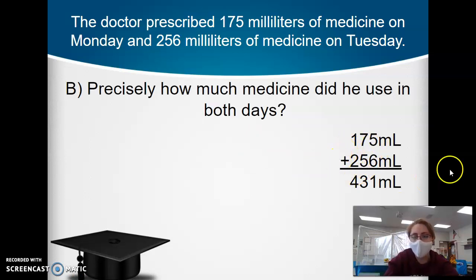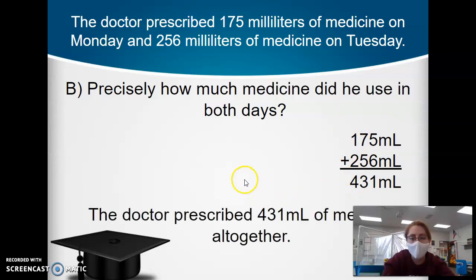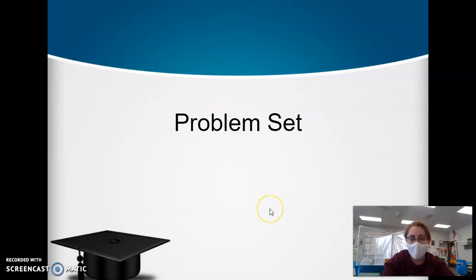There's our actual equation. 6 plus 5 is 11, so 1, carry a 1. 7 plus 5 is 12, plus 1 is 13. 3, carry a 1. 1 plus 1 is 2, plus 2 is 4. So 431 milliliters. He prescribed that much altogether.